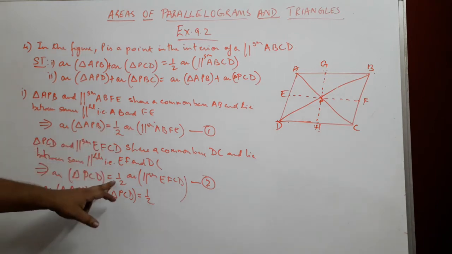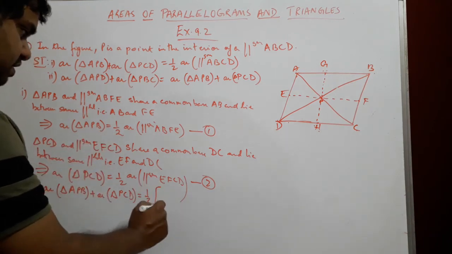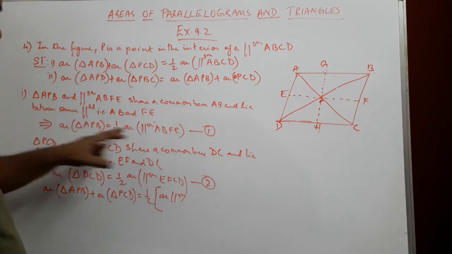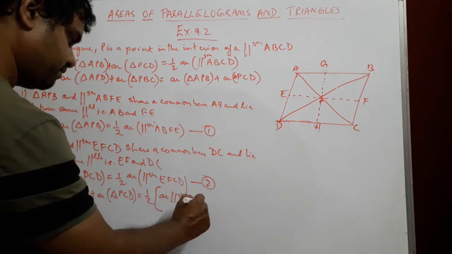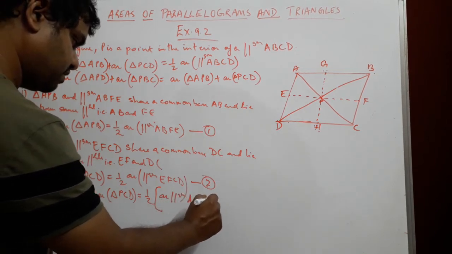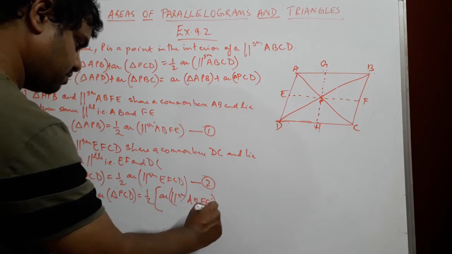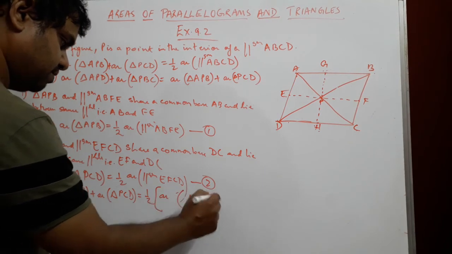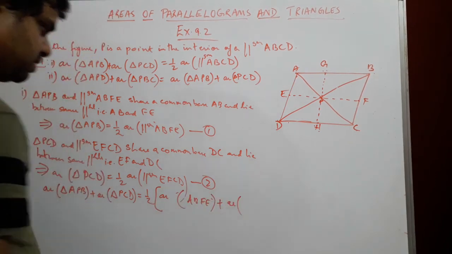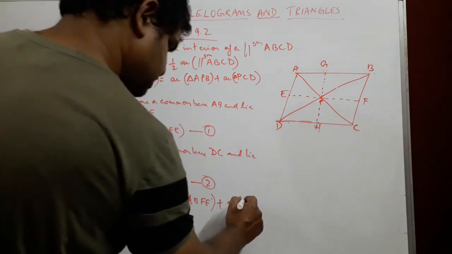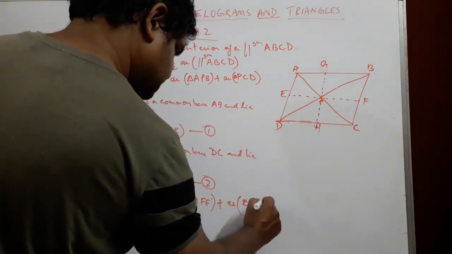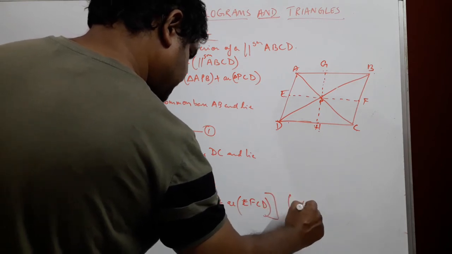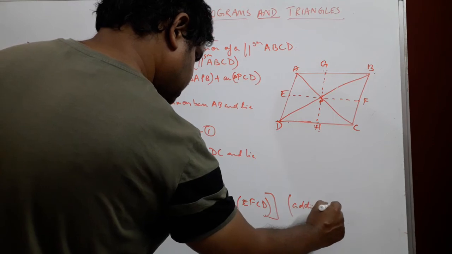This is half over here, half over here as well, and the whole thing into area of parallelogram ABFE plus area of the other one, EFCD. I'll close the bracket and put over here adding 1 and 2.